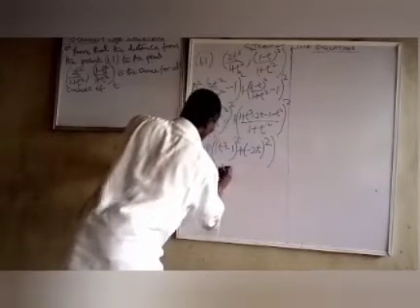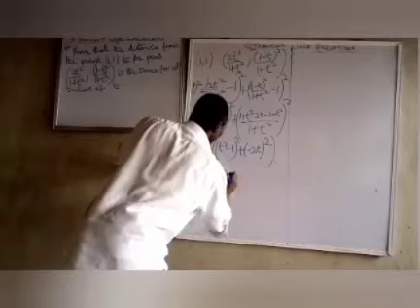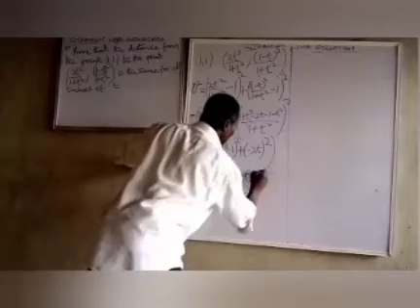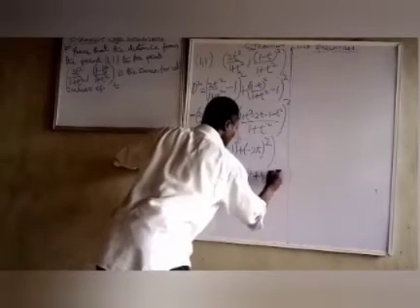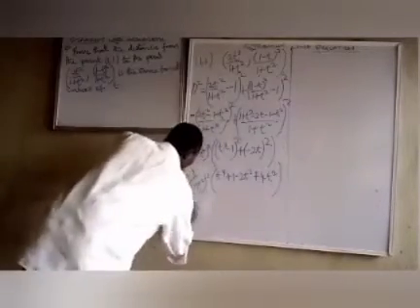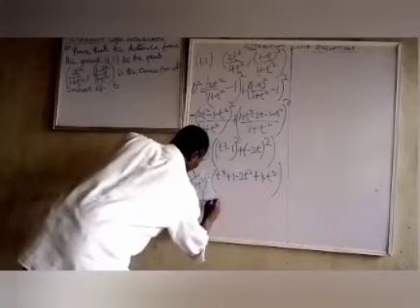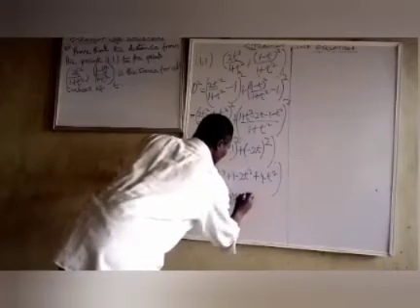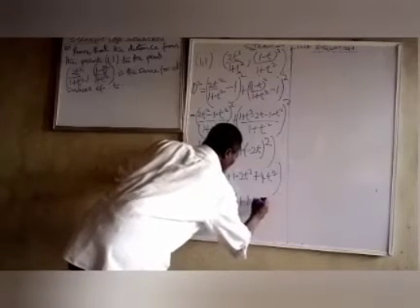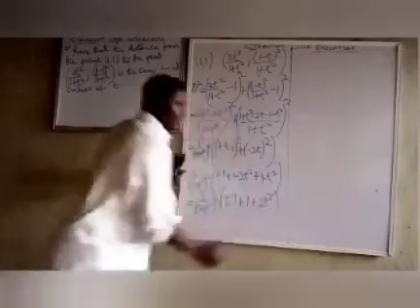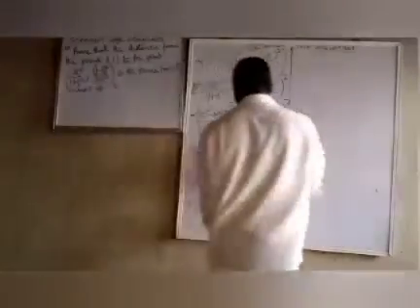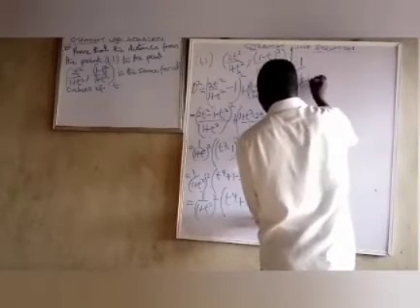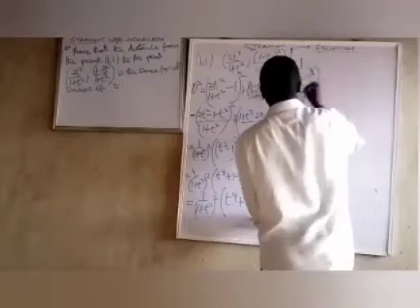So at the end of the day, I'm going to have t raised to the power 4 plus 1 minus 2t squared, and this one plus 4t squared. So it's going to give me 1 over 1 plus t squared into t raised to the power 4 plus 1 plus 2t squared. Then this one will be 1 over 1 plus t squared all squared.